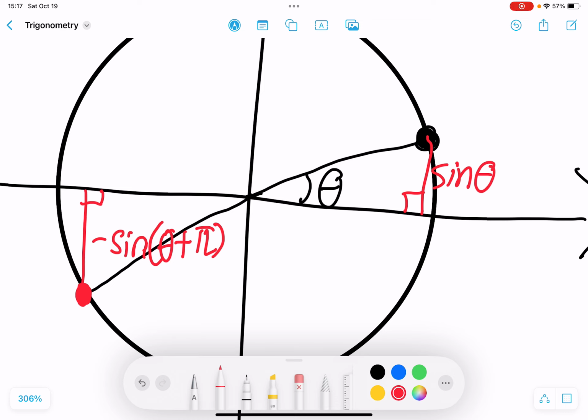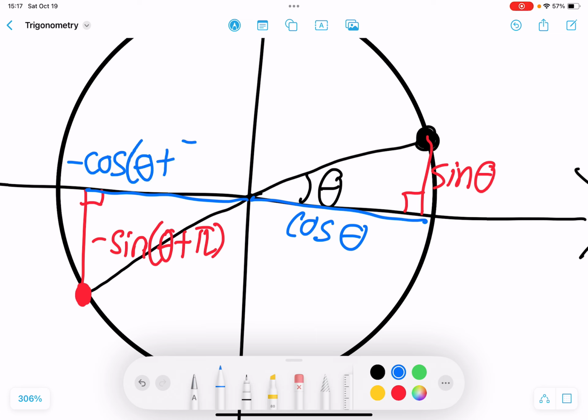You can prove that these two right triangles are again congruent to each other, but I'm not going to do that here. We also know that cosine theta is negative cosine of theta plus pi. That's again pretty obvious.